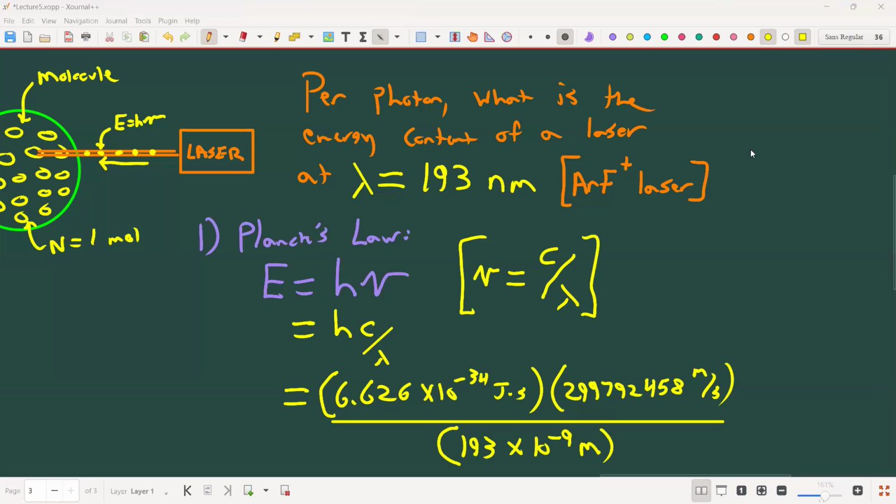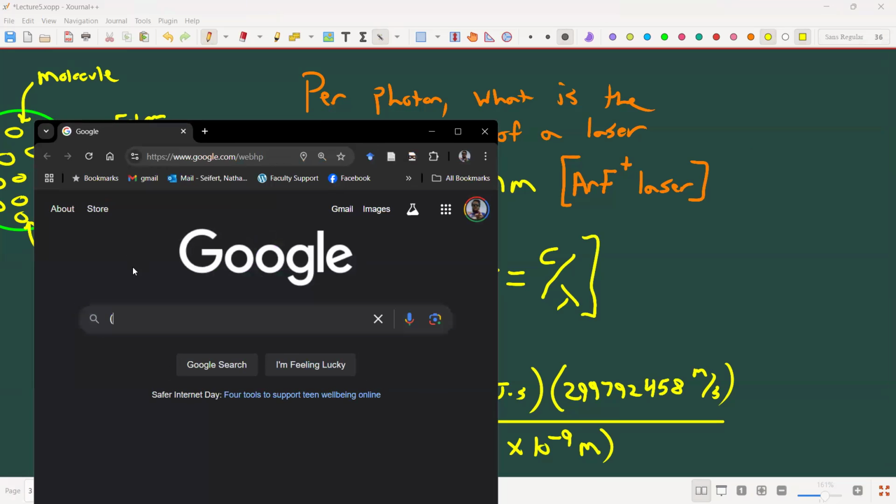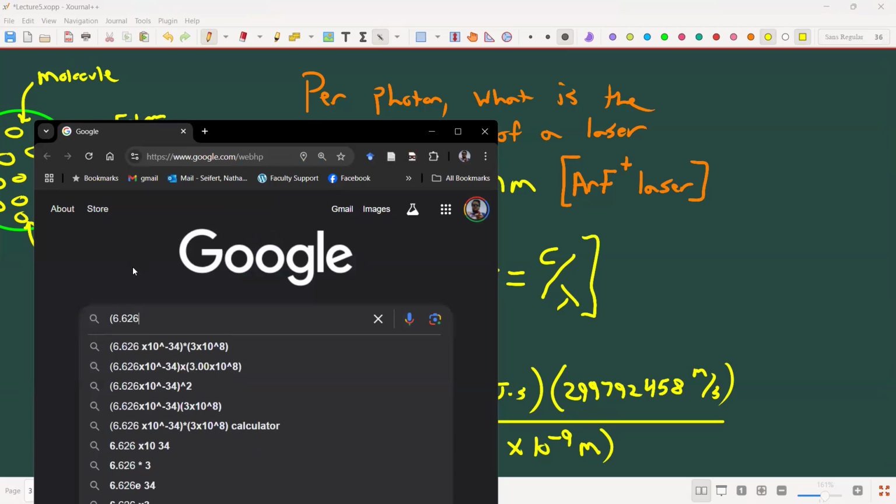I'm going to show you my magic calculator that I'm going to do this on. It's called Google. 6.626. As you can see, I've already done calculations like this recently. You can see my autocomplete.